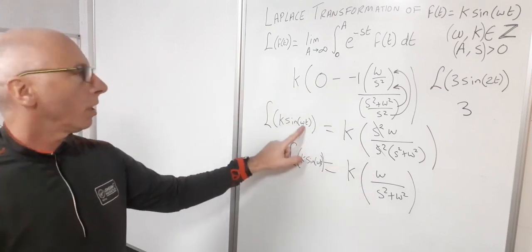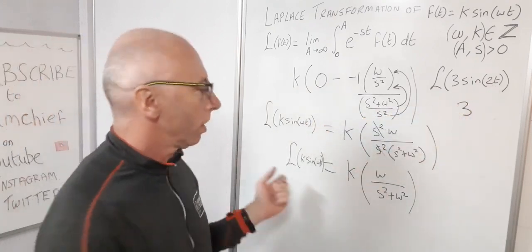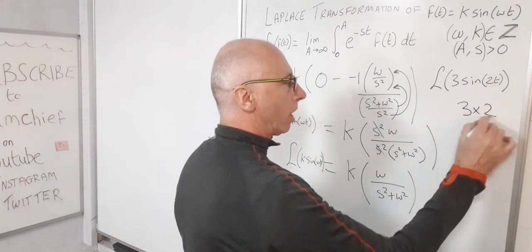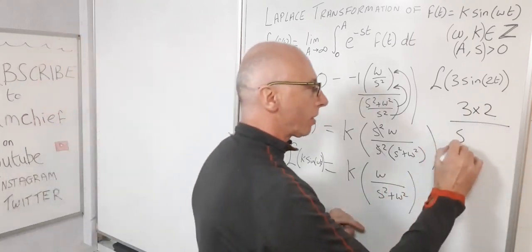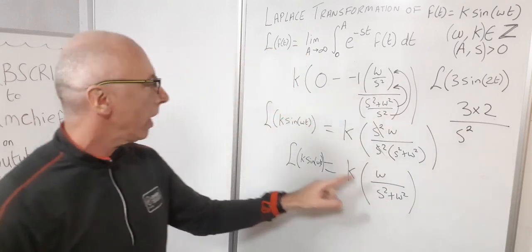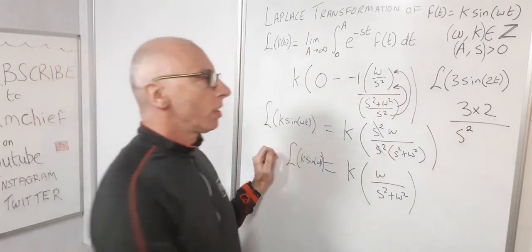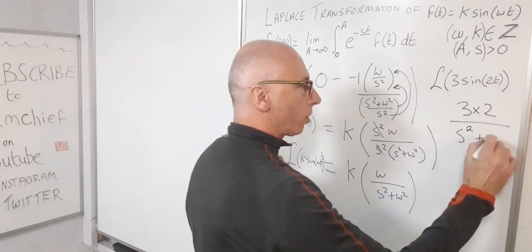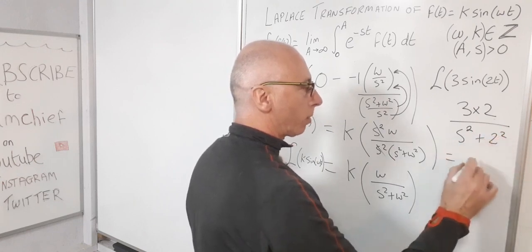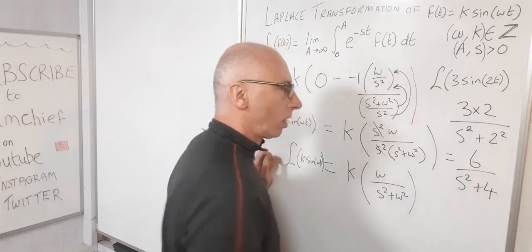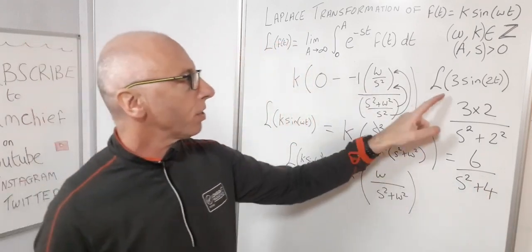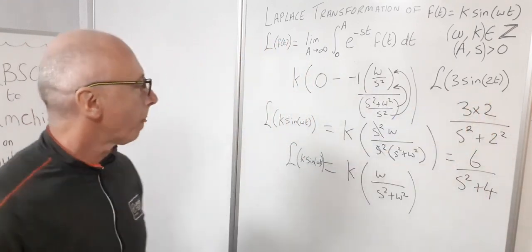Our w would be 2, so that's 3 times 2, and that will be divided by s squared, that's our parameter, that's going to stay. And our w squared, which is our 2, so that will then be plus 2 squared, which then equals 6 over s squared plus 4. That will be our Laplace transform for this one.